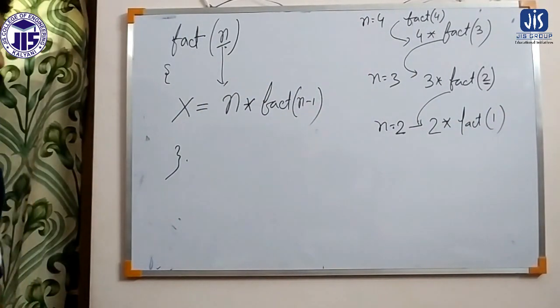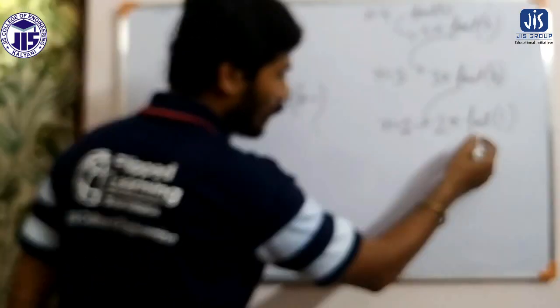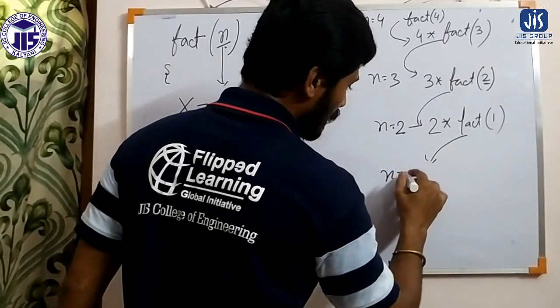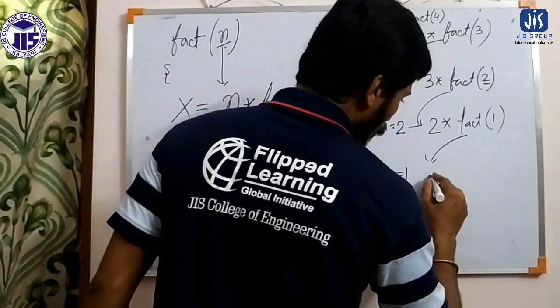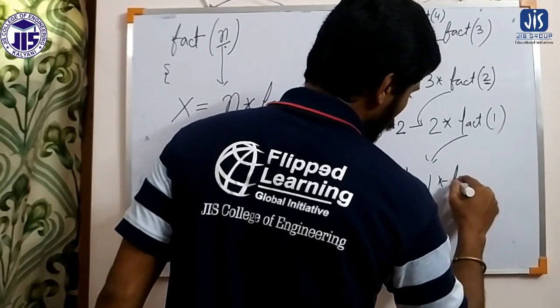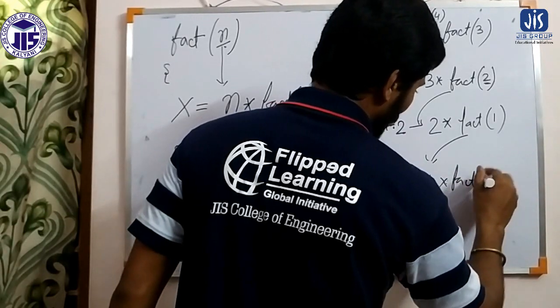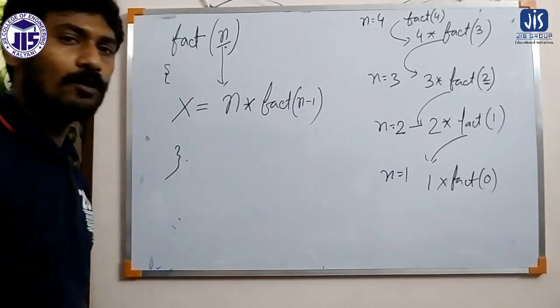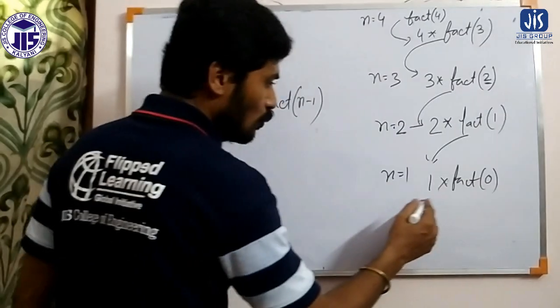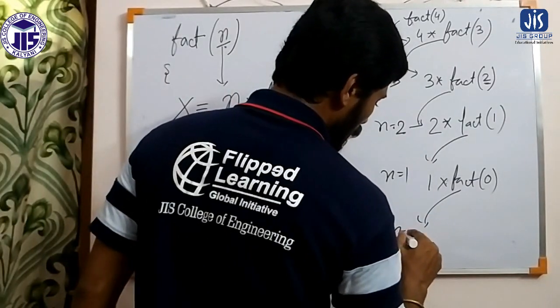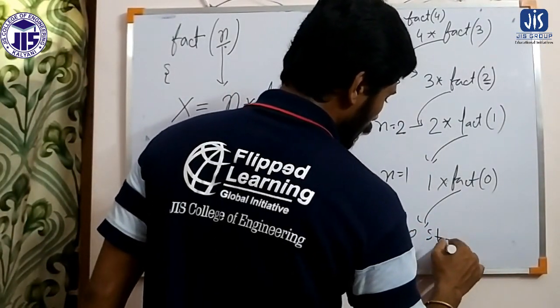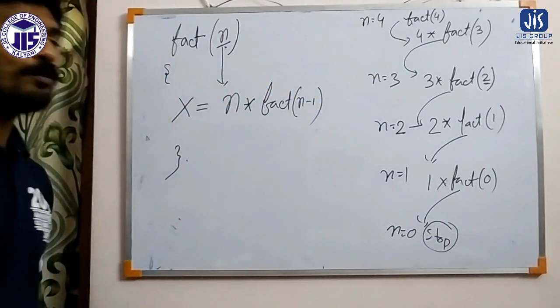Now again it will call fact 1. Now the value of n is 1. So it will be 1 into fact 0. Now when the value of n is equal to 0, we stop the process.